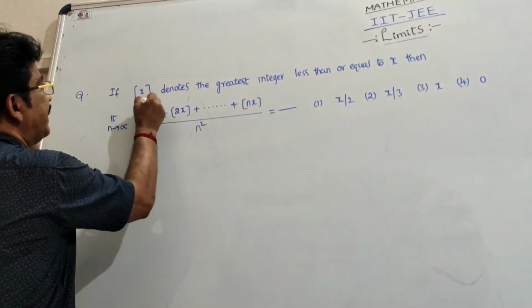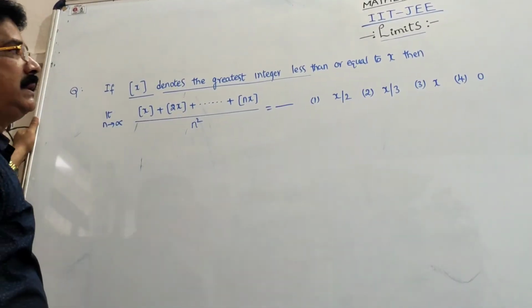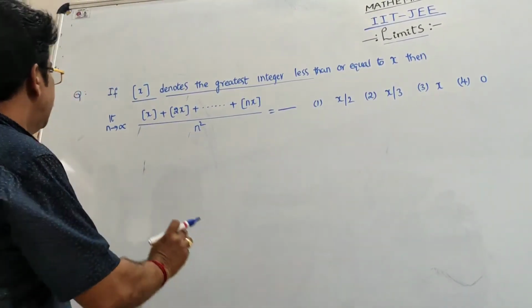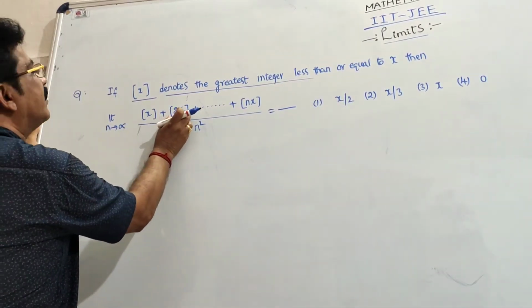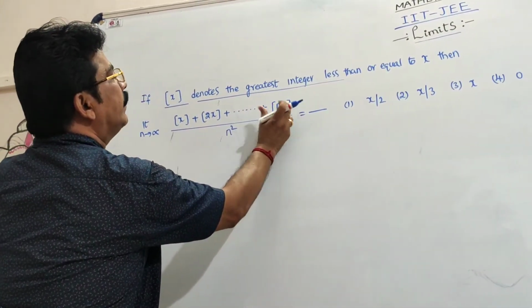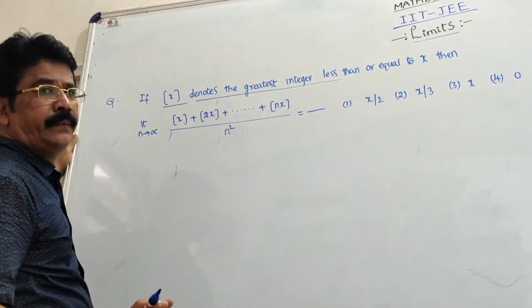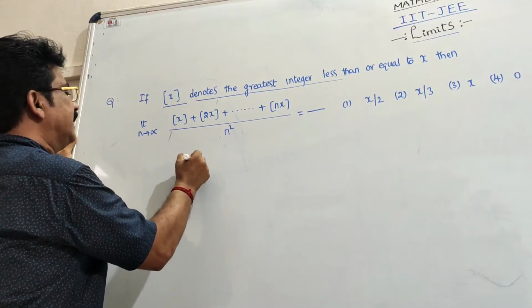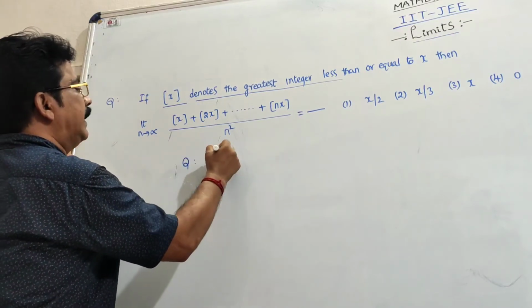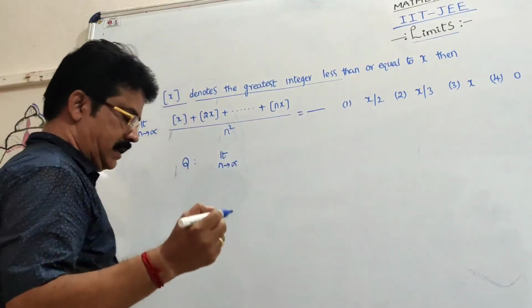If box of x denotes the greatest integer less than or equal to x, then limit n tends to infinity, (box of x plus box of 2x plus and so on, plus box of nx) divided by n square is what? Okay. Actually the question is limit n tends to infinity.